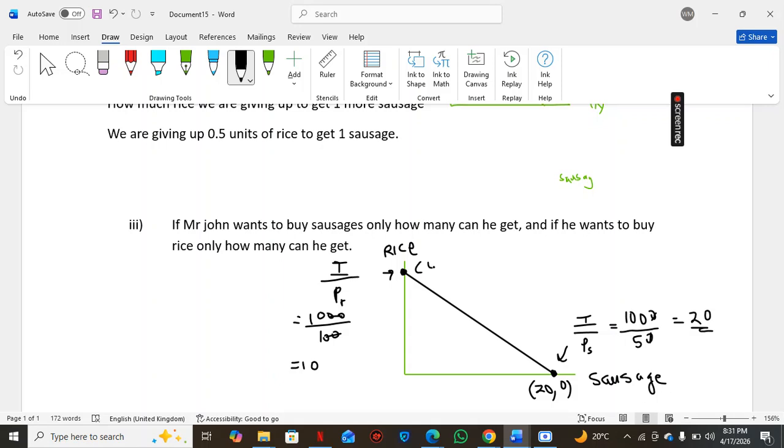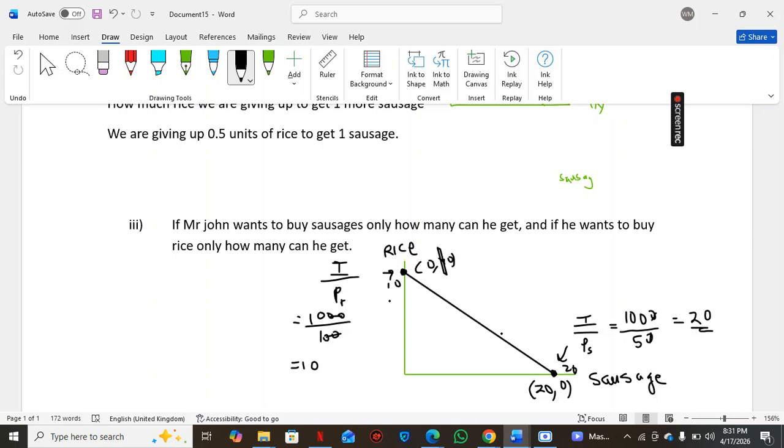So here's zero sausage, 10 rice here. Colleagues, that's one way you can find out these intercepts. If you want to find out, this person wants to buy only one good, how much of that good can they buy? So here we put 10 there, and then we put 20.